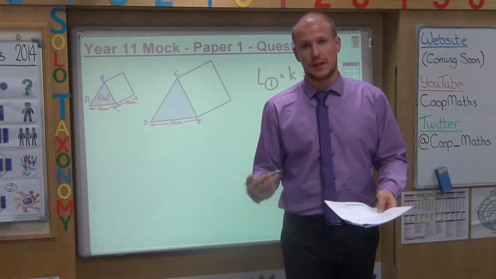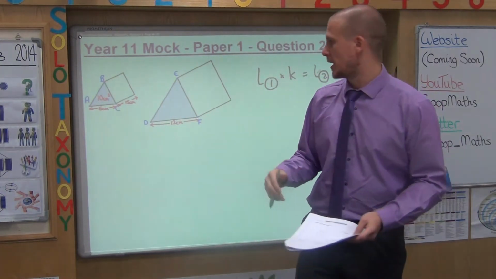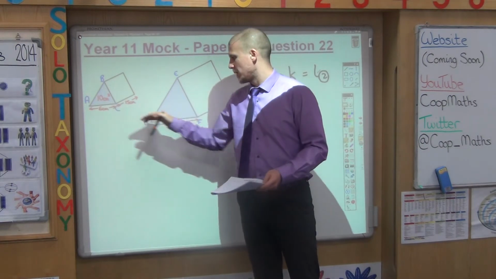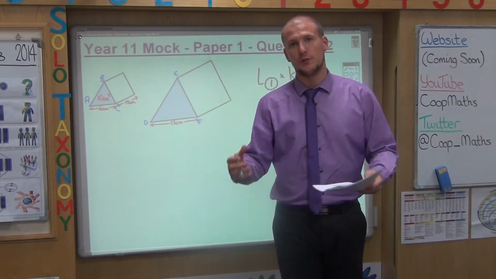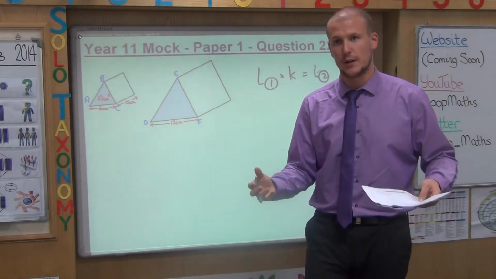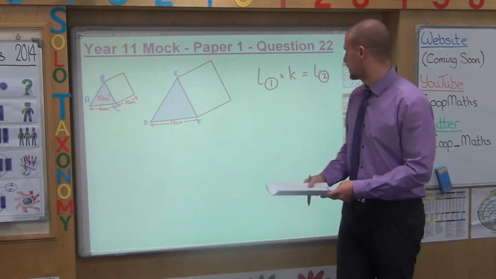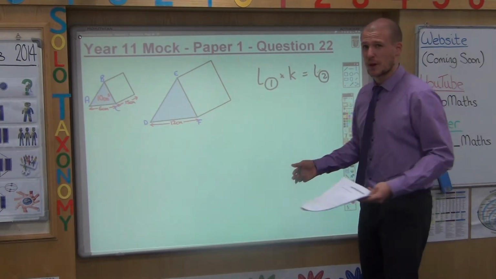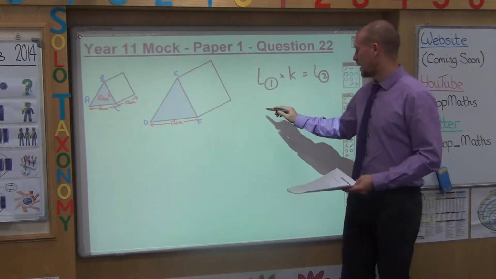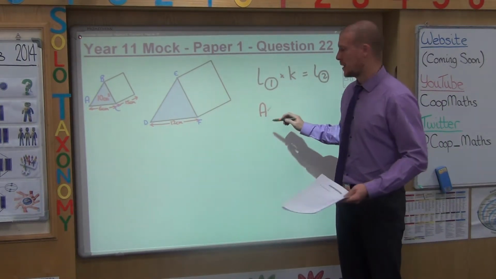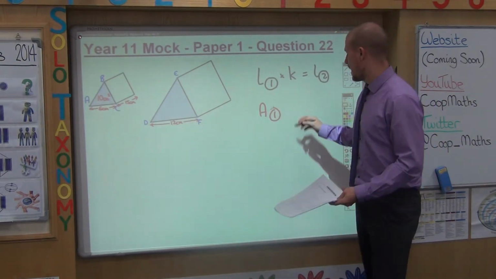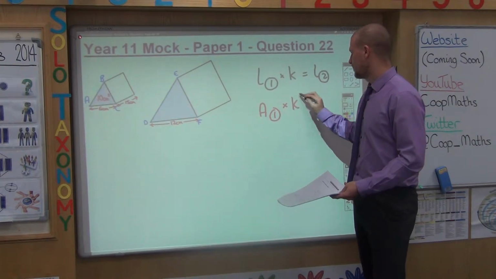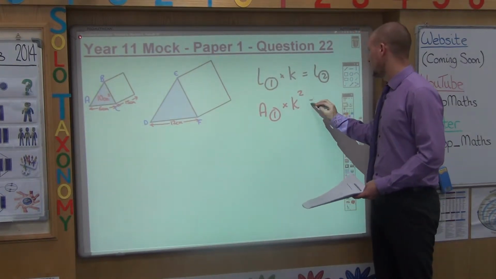Normally you would find the area of a triangle by doing half of base times height. But when you double the base, you're also doubling the height. So when you multiply two numbers that have both been doubled together, you end up with a times 4 effect, or a times 2 squared officially. So when you compare areas, because area is in 2 dimensions, and both of those lengths would be enlarged by k, you end up with k squared.